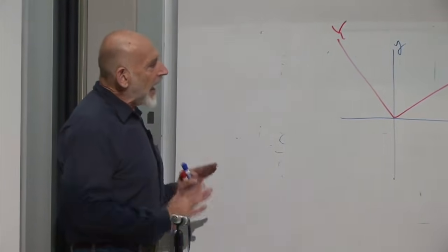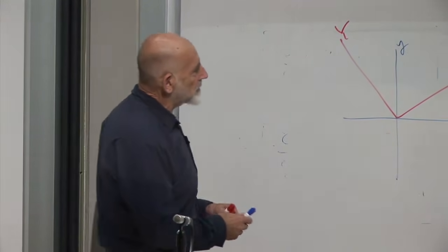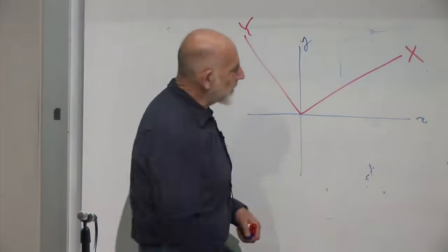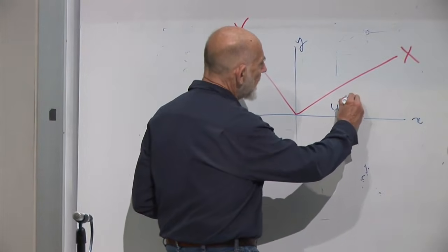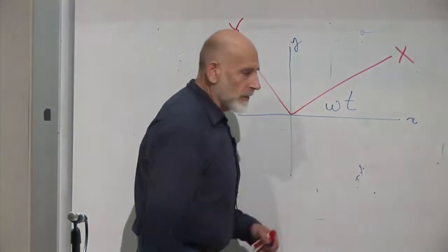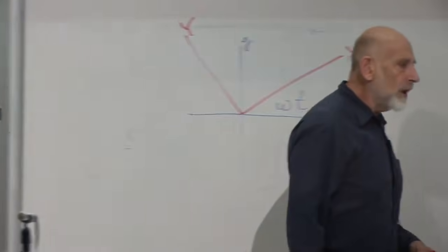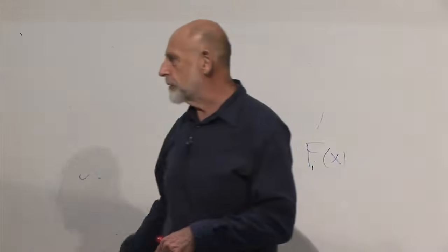Okay. The angle between the x-axes is theta, but theta depends on time. In particular, theta is going to depend on time like omega t. In other words, it's a uniformly rotating coordinate system. You can set omega t equal to theta if you want temporarily.